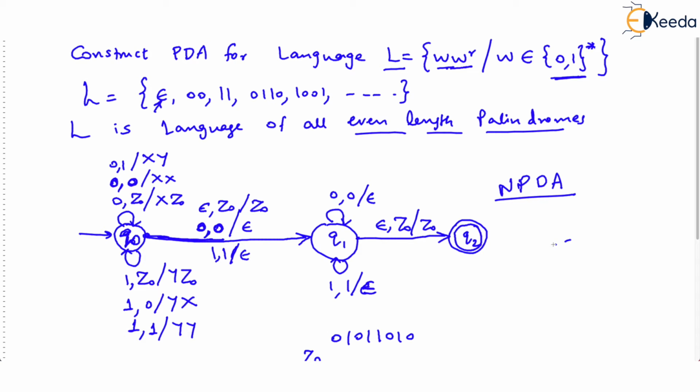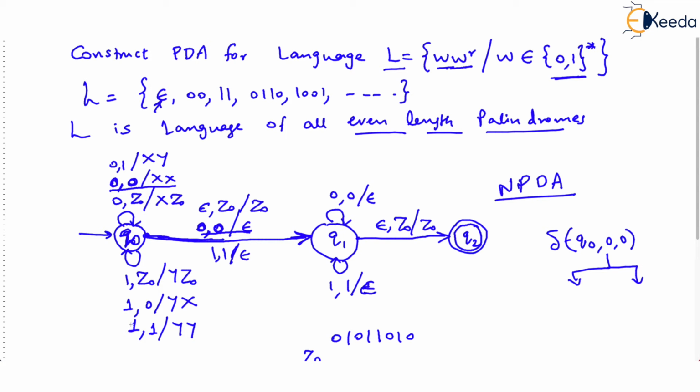So if you are describing delta, you will say Q0, when it reads a 0 and the top is 0, can result in two possibilities, correct? One is the push result, and the other is the pop result. And in the second result, you will be entering the Q1 state.